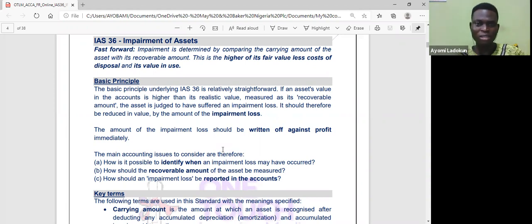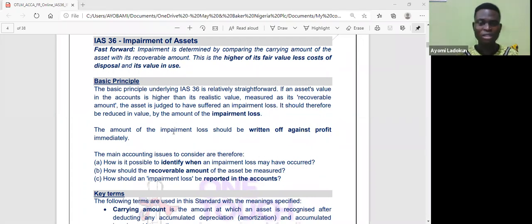We also take a look at impairment losses and recoverable amount, and we'll see the accounting treatment. Then we also take a look at what informs an entity to carry out an impairment test.